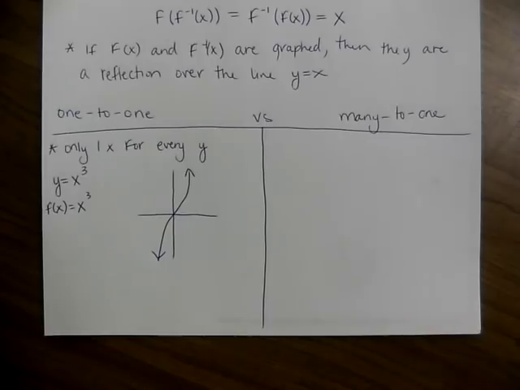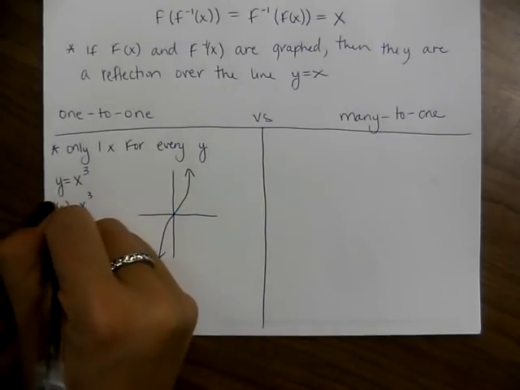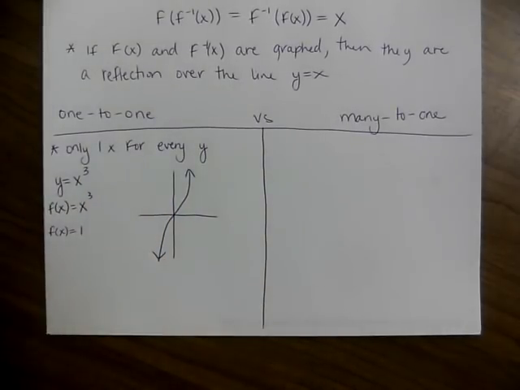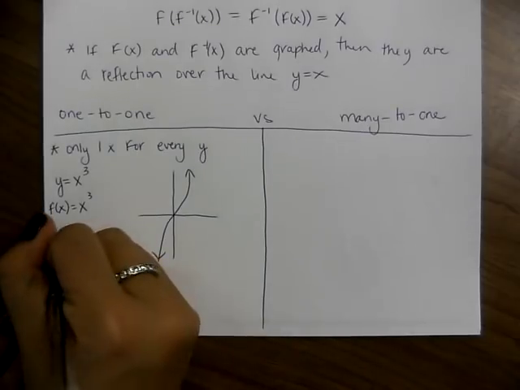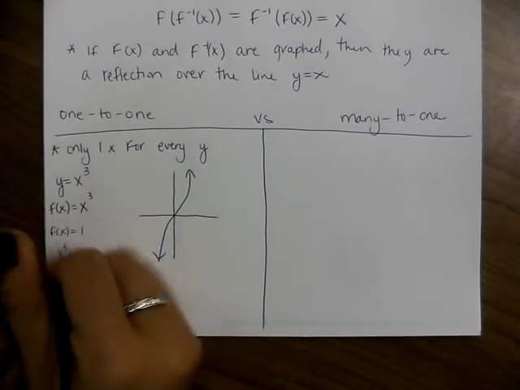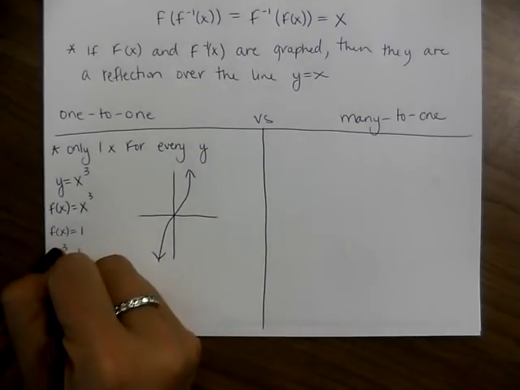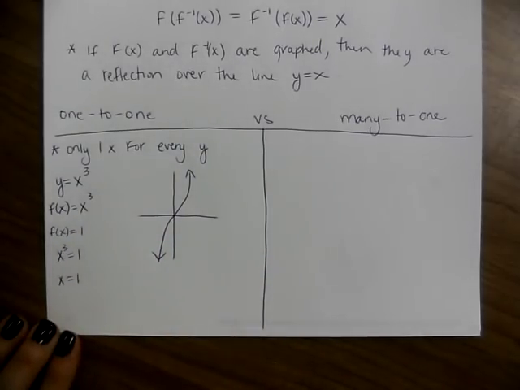Or if I plug in a value for y, I should only be able to get one x. If f of x equals 1, that's telling you that y equals 1. This is saying take that function, x cubed, and set it equal to 1. When I take the cube root of both sides, I just get x equals 1. I only get one value for every y.